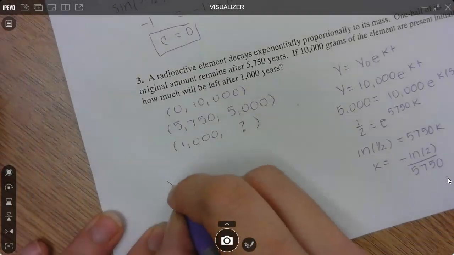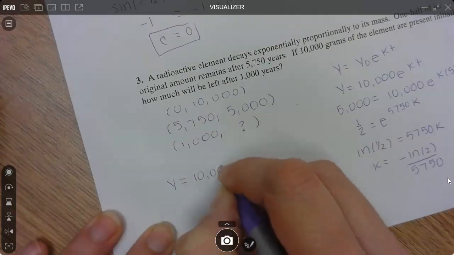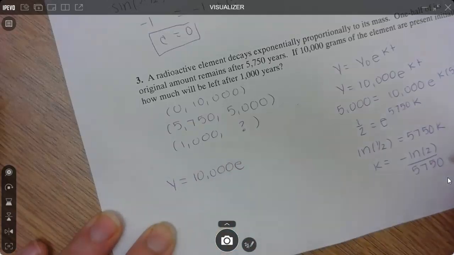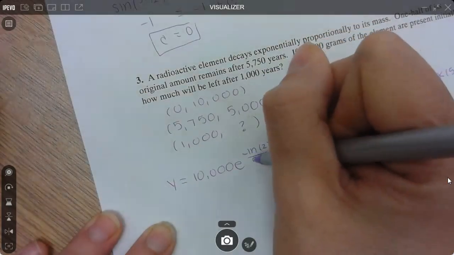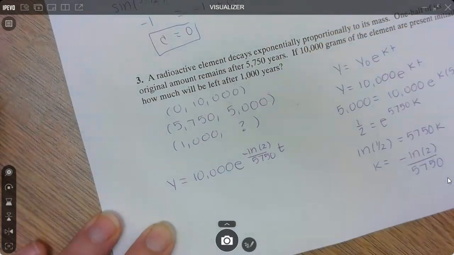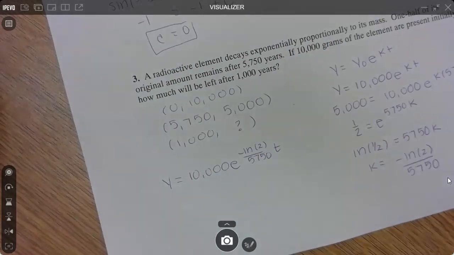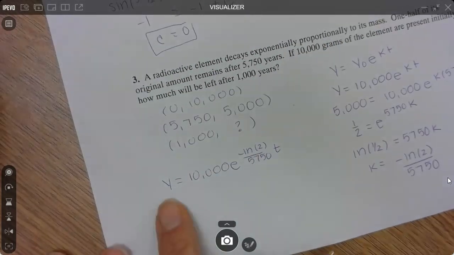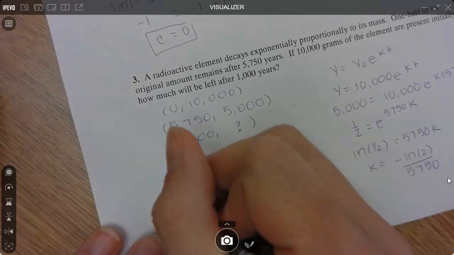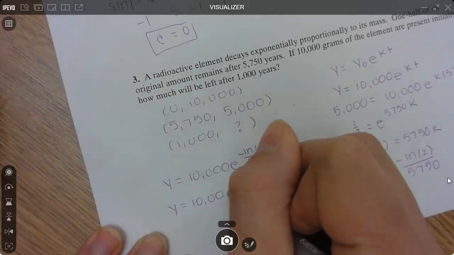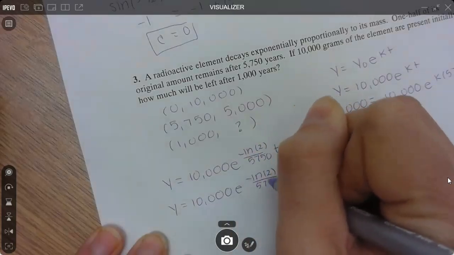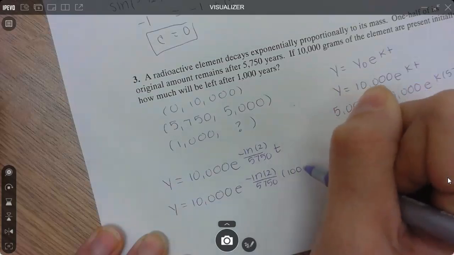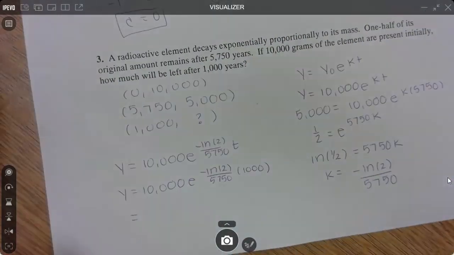So going back to that original idea, y equals 10,000 e to the negative ln 2 over 5750 t. And then I want to know y when t is 1,000. So at this point, it's just a calculator question.